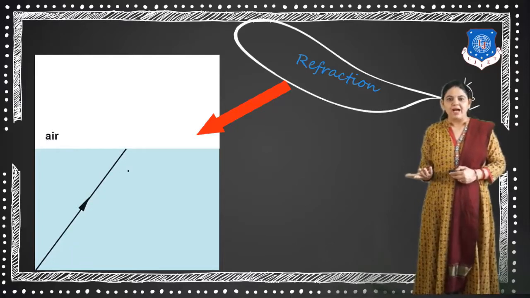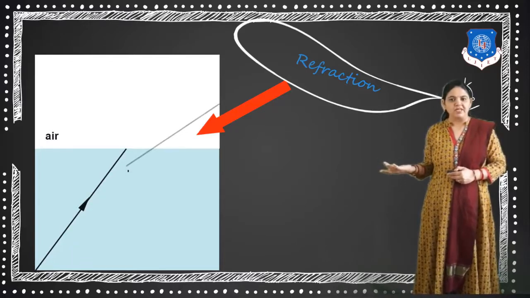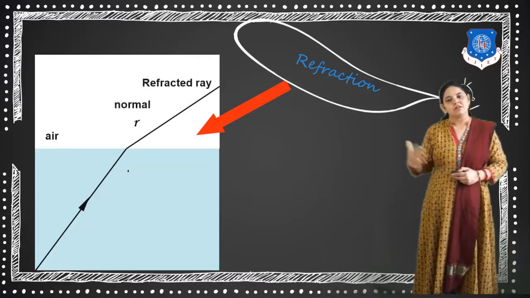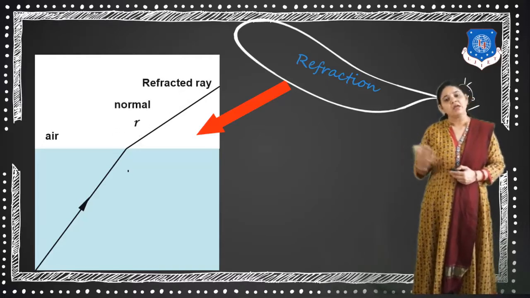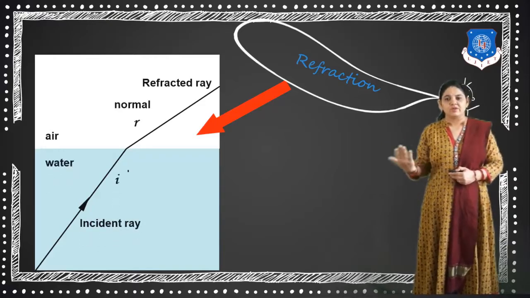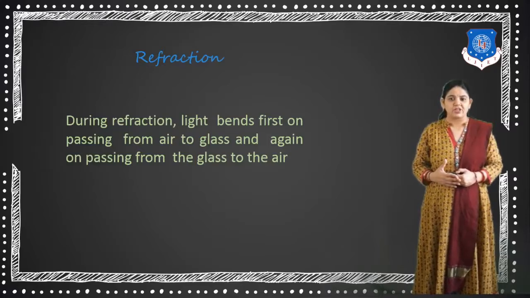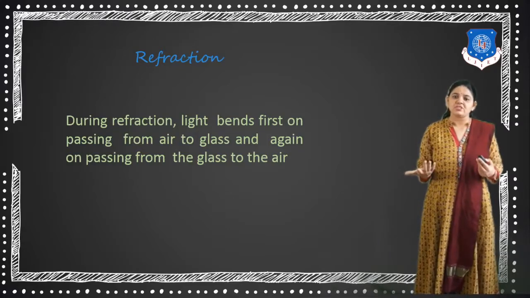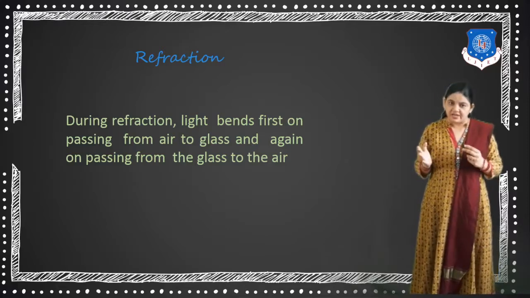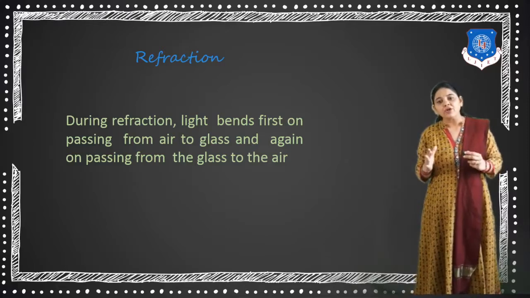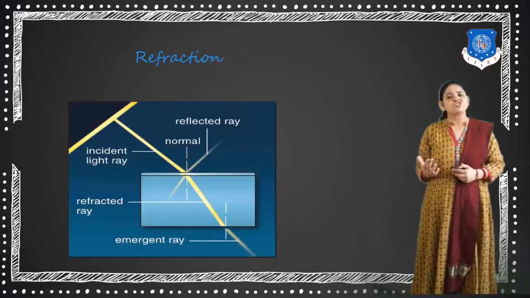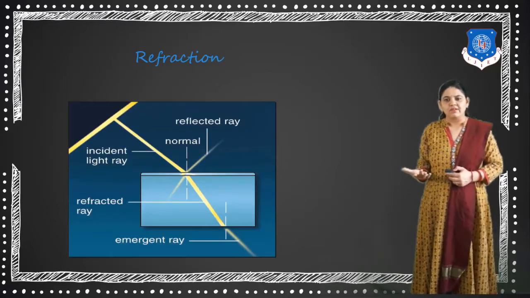When the light passes from the water medium to the air medium, the refracted ray goes away from the normal axis. So this is refraction. During refraction, the light bends first on passing from air to glass and again on passing from glass to air. So when it changes the medium, what will happen?